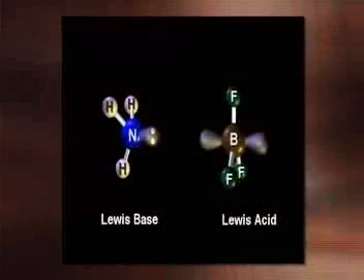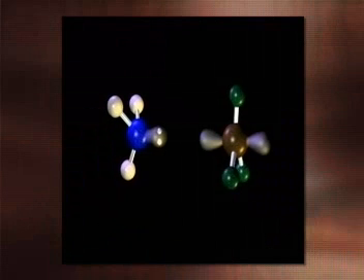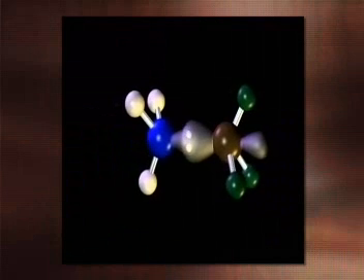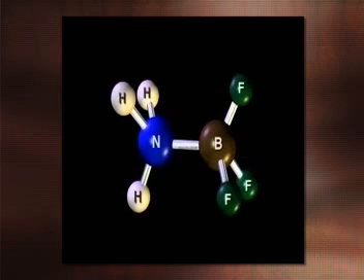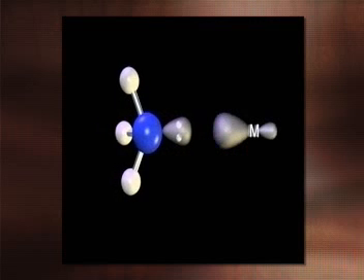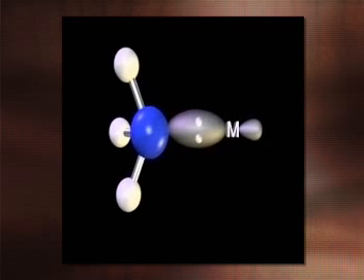Students, I wonder how many of those you answered correctly. If you were able to answer them all correctly, great work. In today's lesson, we discussed the Lewis concept of acids and bases. We learned that Lewis defined acids as substances that can form coordinate covalent bonds by accepting electron pairs from other substances.